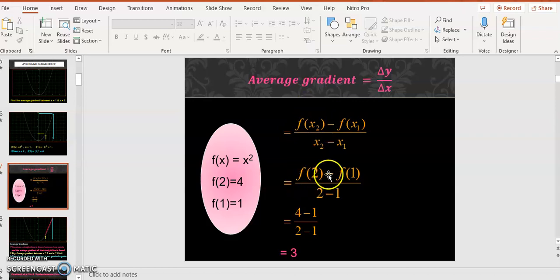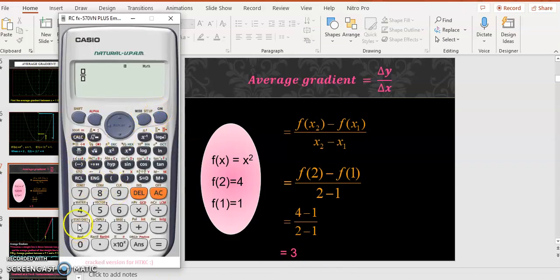So here where x is 2, you put 4. Where x is 1, you put 1. We have 1 there, all over x2. Our x2 is 2, and x1 is also 1. When you press this on the calculator, what are we going to have?